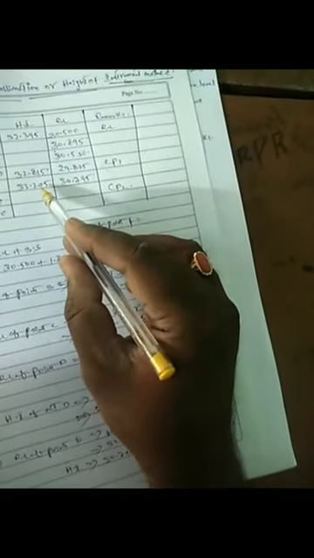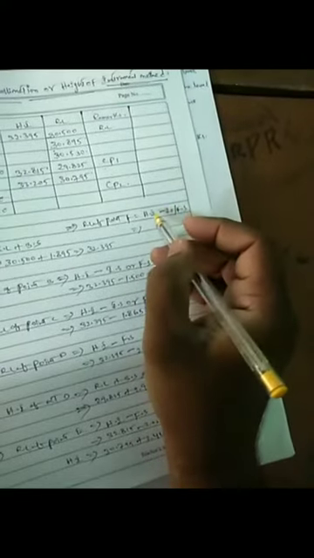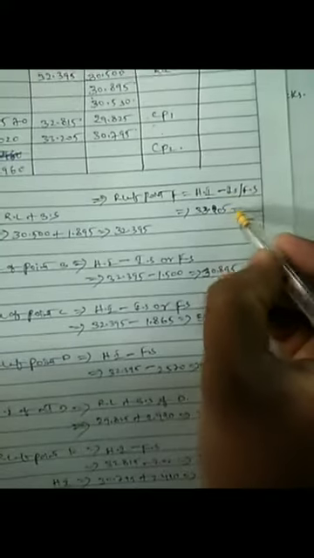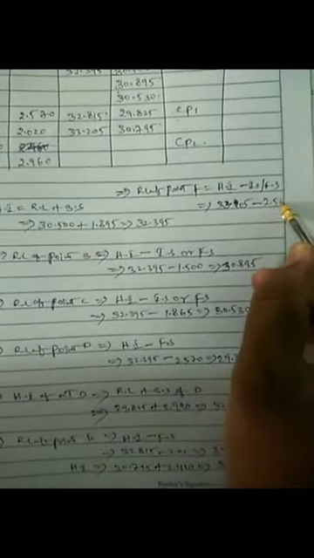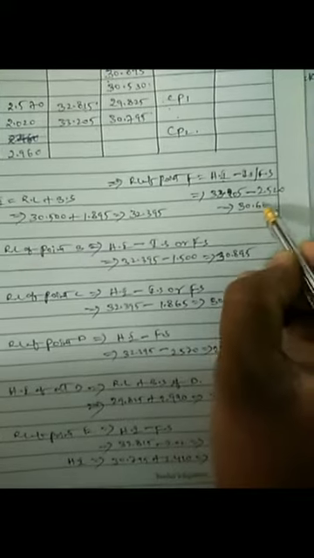The HI minus IS or FS. Height of instrument we have to take 33.205 minus IS or FS, which is 2.520. Then you will get the value 30.685 on the RL. This is known as 30.685, RL of F.